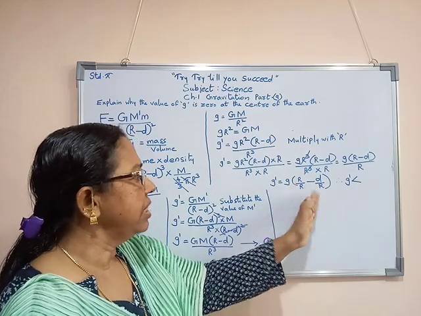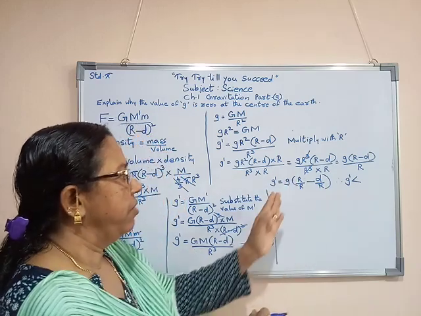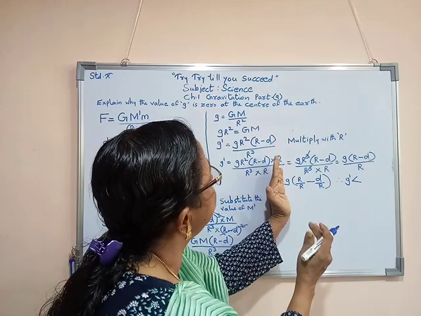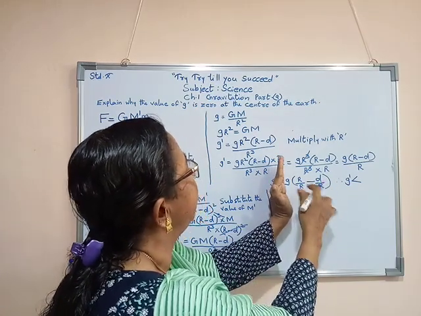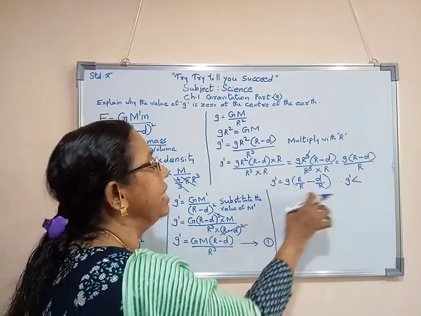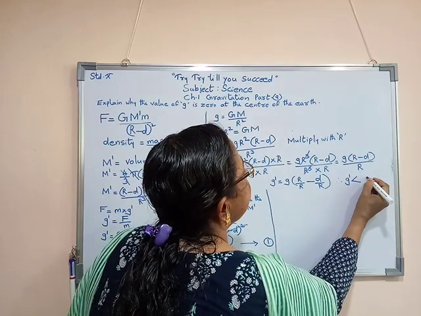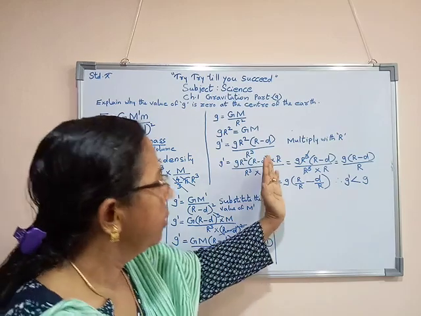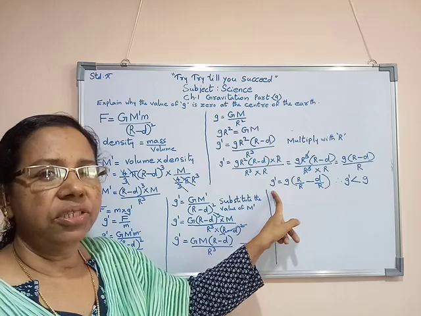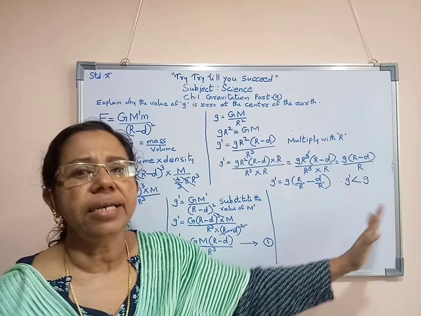So anyhow, this value will be less than G. Because here one value will be there. So because of that we can say that G dash is less than G. Why? From G any value will be subtracted, then only we will get G dash. So from this we can understand that the value of G dash is smaller than G.